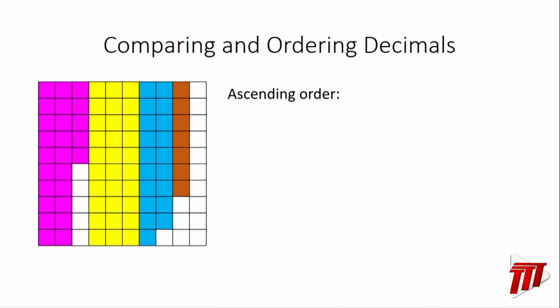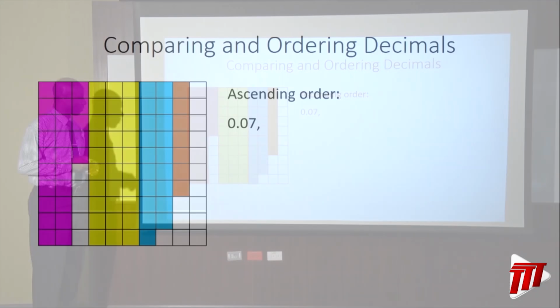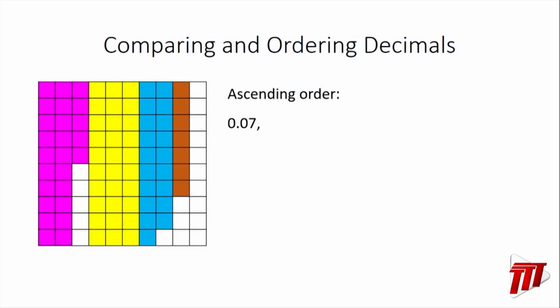Clearly, it is 7 hundredths. 7 hundredths followed by 19 hundredths, followed by 25 hundredths, followed by 30 hundredths, which would be 3/10.